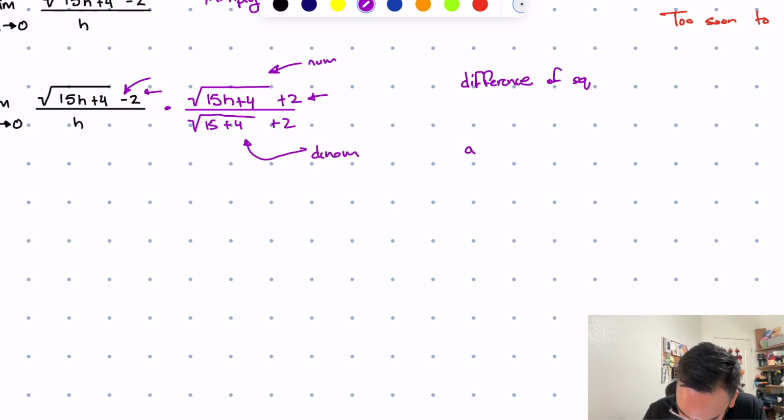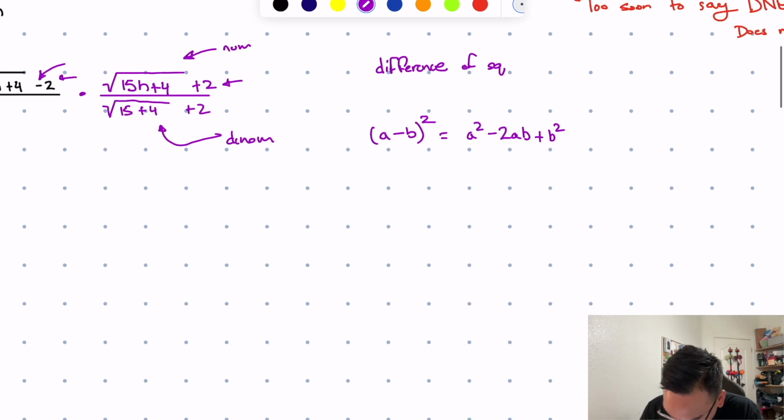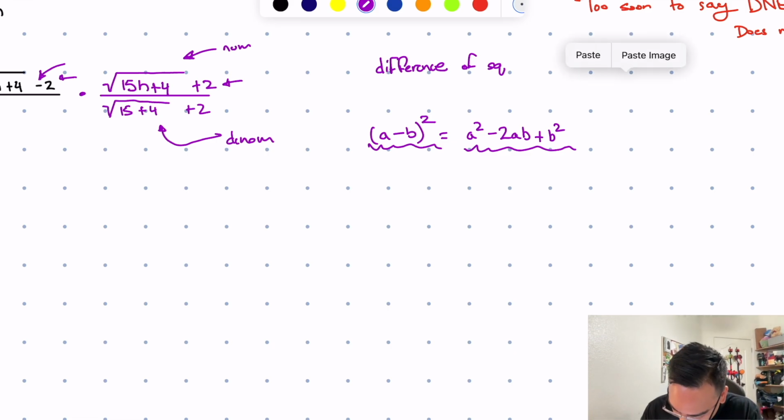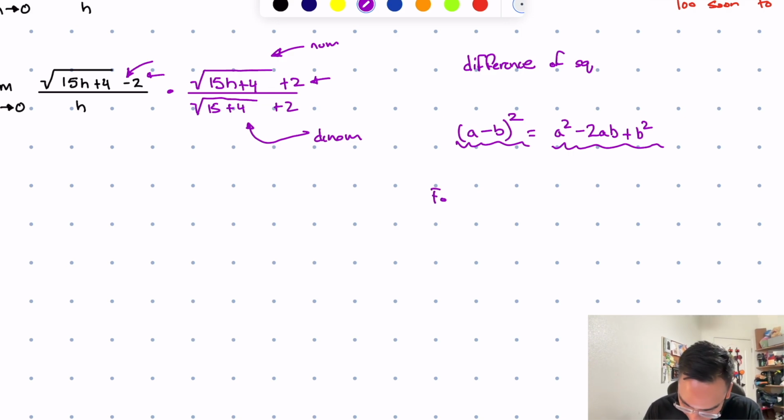So whenever you have a minus b in algebra and you square it, it's going to give us a squared minus 2ab plus b squared. So this is something that we can memorize because it's going to come up a lot. And how we can apply it to this. First method, we can always do FOIL.